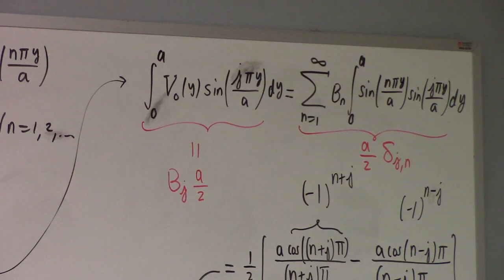And so what that tells me is that I can solve for the b sub j. So b sub j is equal to 2 over a times the integral from 0 to a of the given function of voltage at the boundary, v naught of y, times the sine of j pi y divided by a dy.